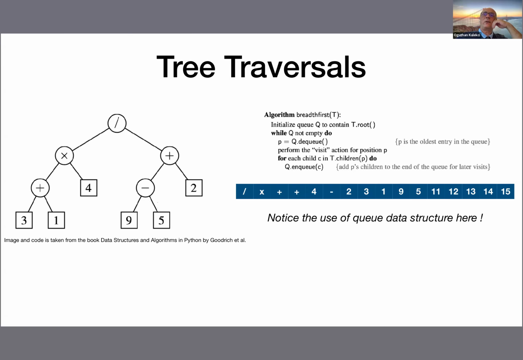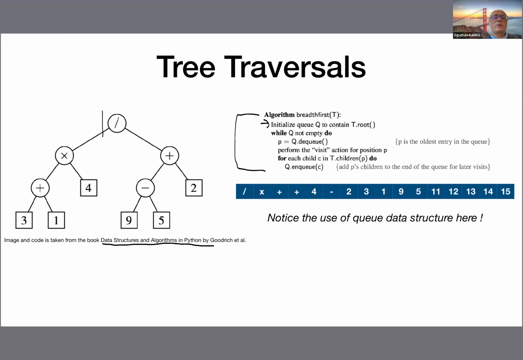Here you see the pseudocode of a breadth-first search. Okay, so these are taken from this book. If you would like to check that book, very welcome for sure. Okay, and with the breadth-first, what it says, we first initialize a queue that contains only the root node.